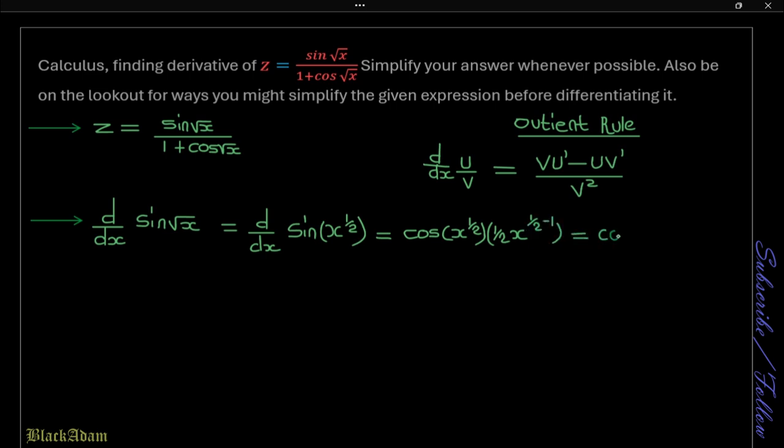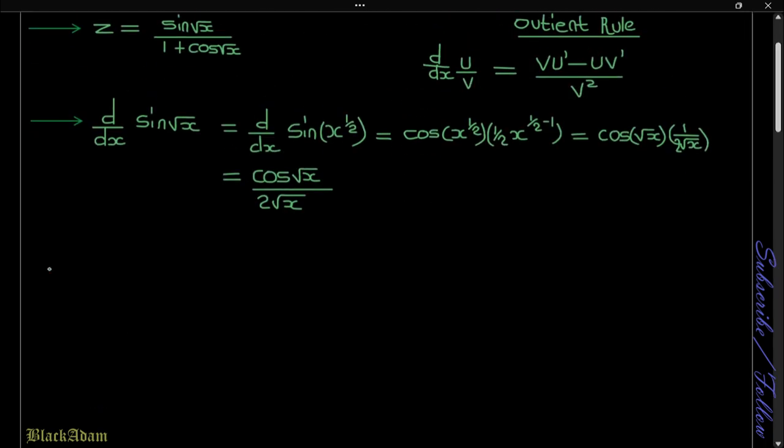So that will give us cos root x, and then half, which is equivalent to 1 over root x. So that will mean we have cos root x over 2 root x.